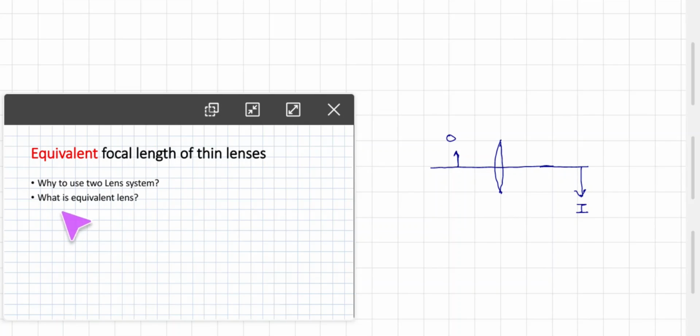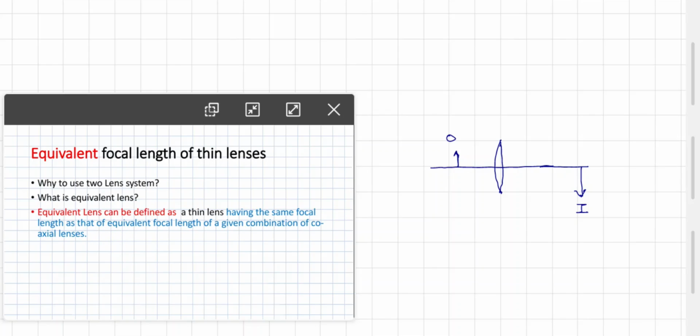Second, what is an equivalent lens? Suppose a system of two thin lenses is used, and it is producing some effect in image formation. By doing some calculations, we can use a single lens giving the same effect. So an equivalent lens can be defined as a thin lens having the same focal length as the equivalent focal length of a given combination of coaxial lenses.